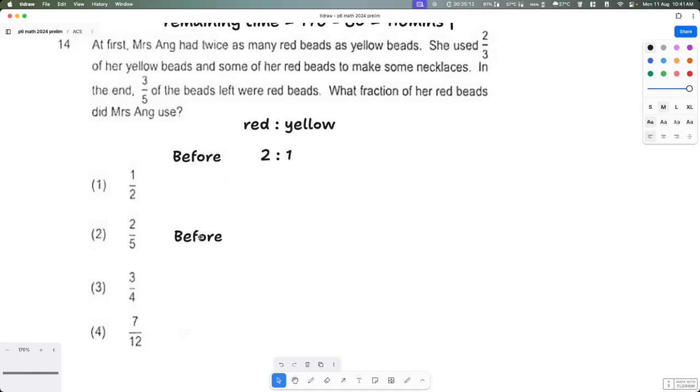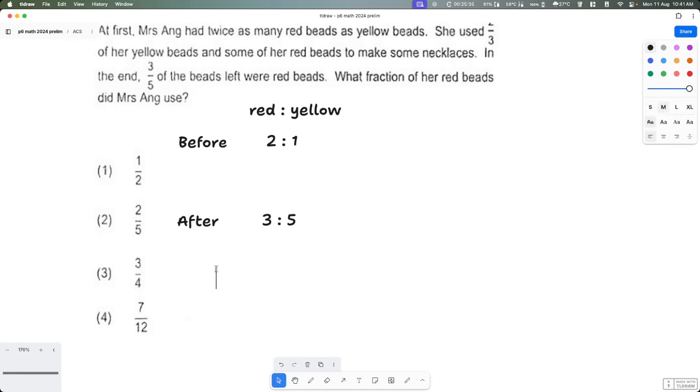Then after, what did she say? She said that after, 3/5 of the beads were red beads. So after that means 3/5. In this case, 3 parts were red beads, so 3 out of 5, which means yellow is 2.